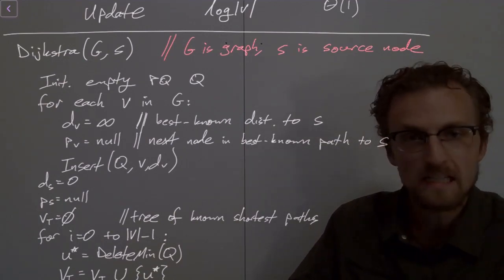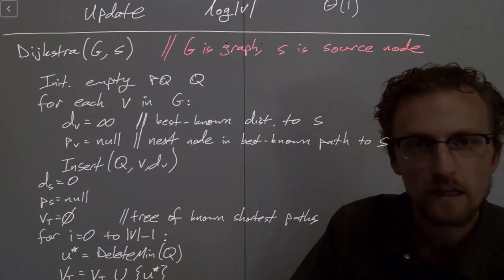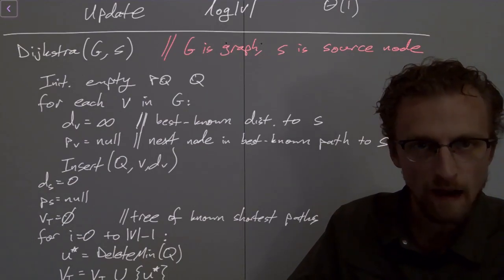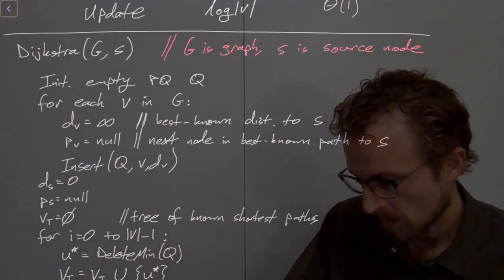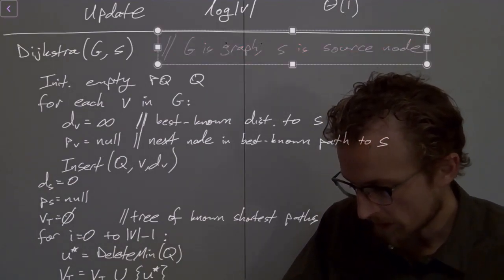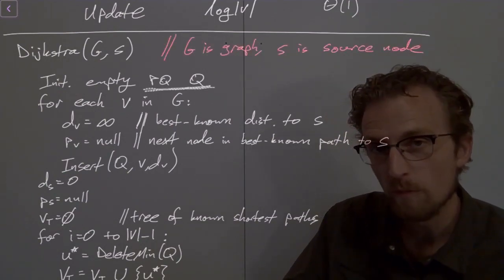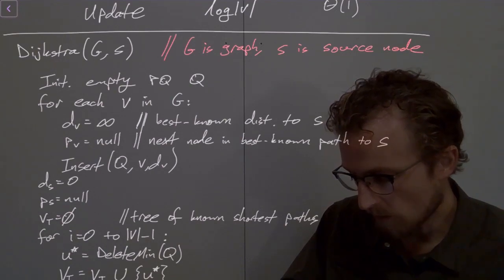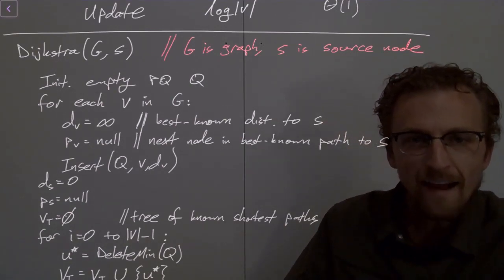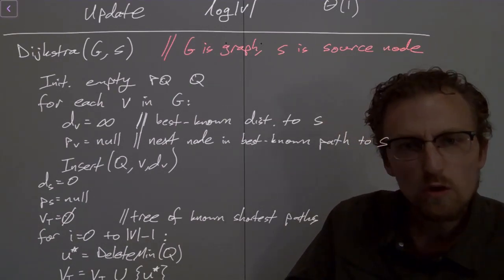Dijkstra takes in a graph and the identity of a source node. So G is our graph, S is our source node. The first thing that we're going to do is initialize our priority queue, so initialize an empty priority queue. We'll call that Q. Then for each node in G, we'll add that node to the priority queue with two pieces of information.